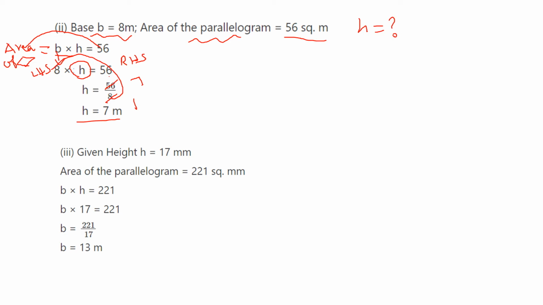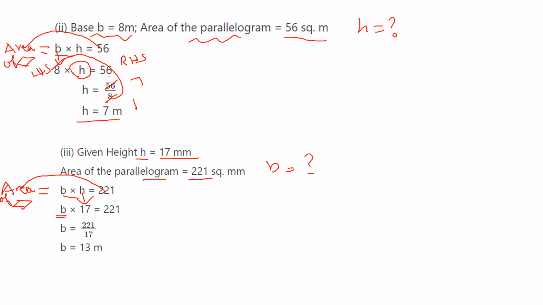Third one, height given 17 millimeter, and area of the parallelogram also given, 221 square millimeter. Here we have to find out the base. So here also you write area of the parallelogram equal to B into H, equal to area value 221. Base we have to find out, H is 17. So B into 17 equal to 221.